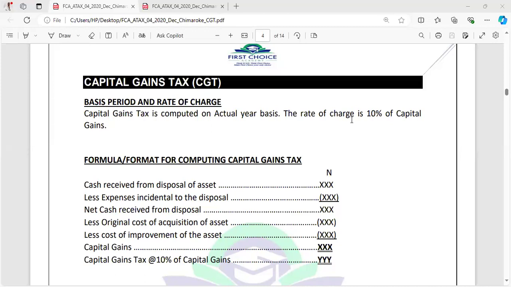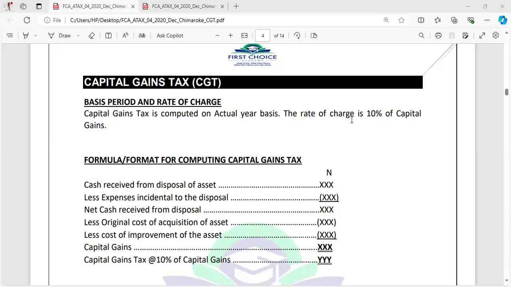Now you need to deduct all the expenses that are incidental to the disposal. So it means all the expenses you incurred to get a buyer to buy these things from you. Let's say, for example, you incurred advertisement cost. This is an expense that is incidental to the disposal.